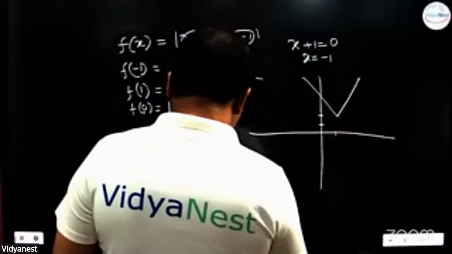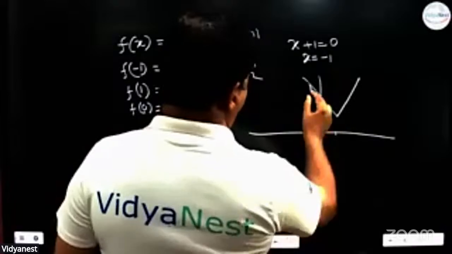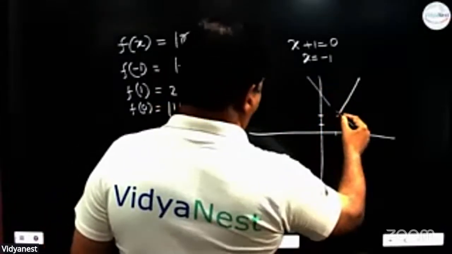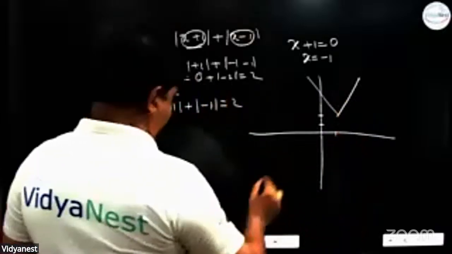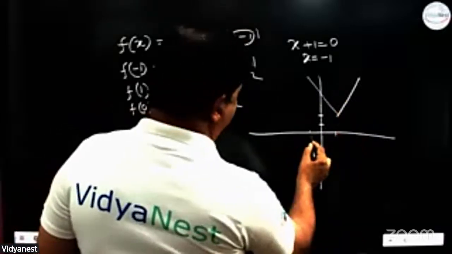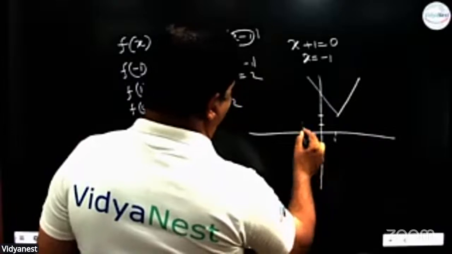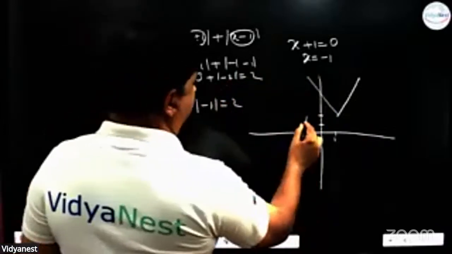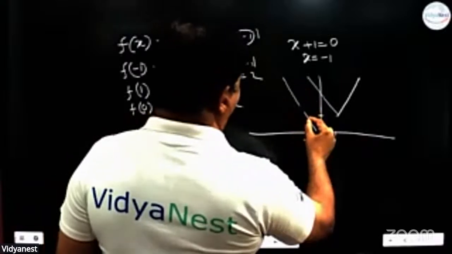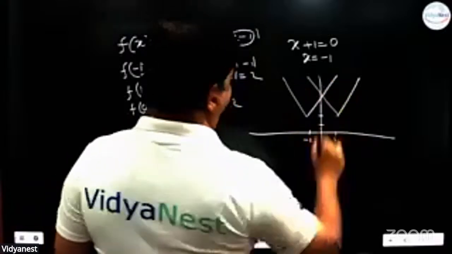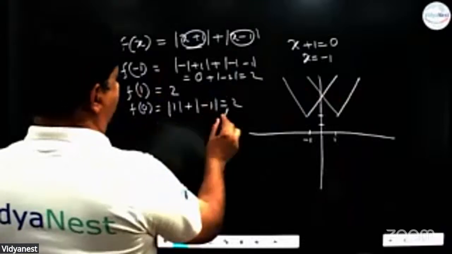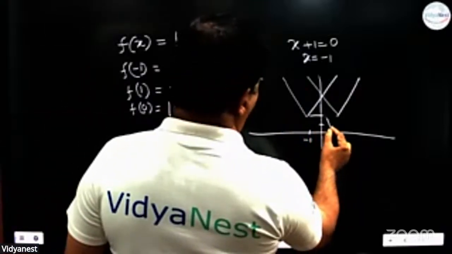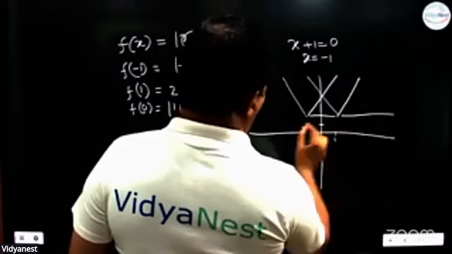You draw one V shape because you know mod is V shape. Okay? Yes, sir. Mod is V shape. And at minus 1 also, you got y is equal to 2. You will get the V shape. At 0, that is y is equal to 2. You take the whole line.